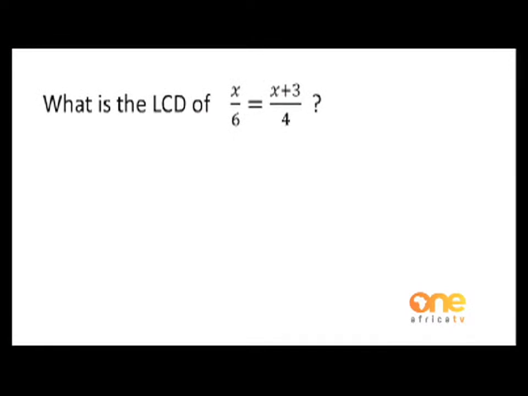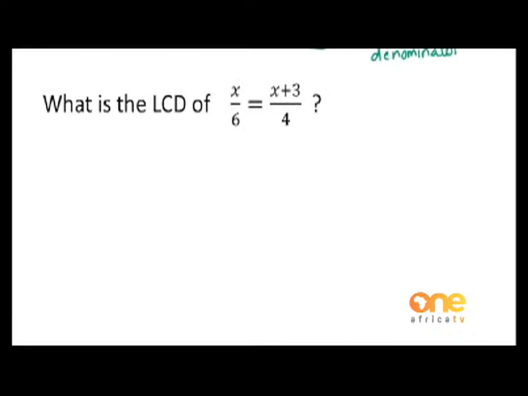Finding the LCD. LCD is a term that I'm sure all of you would have heard of, and it stands for lowest, which is where the L comes from, common, where the C comes from, and then denominator.